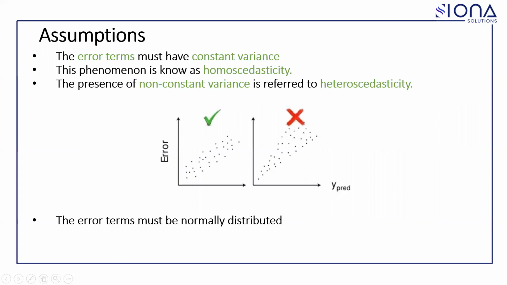Okay, coming to the fourth assumption, here something cannot be checked initially because this assumption is on the error term and not on the variables which we have in hand. So that is the reason why we will not do this check during our linear regression exercise.